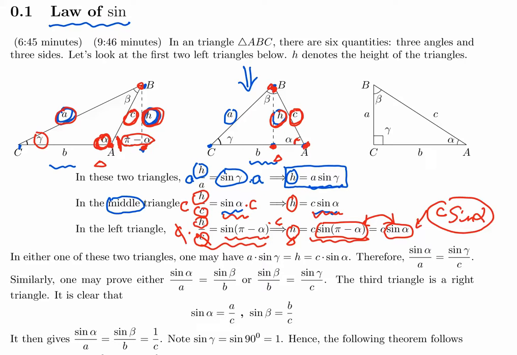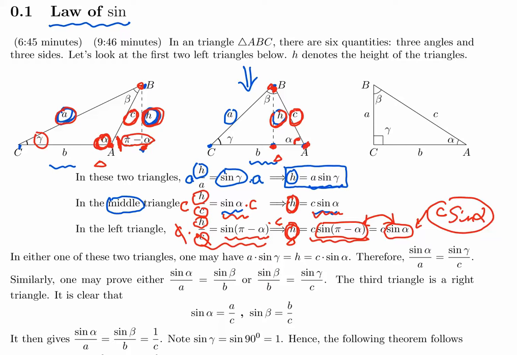Here it is less than 90 degrees, an acute triangle. In either of these two cases, we have H equals C times sine alpha.